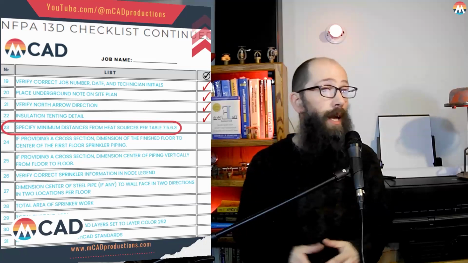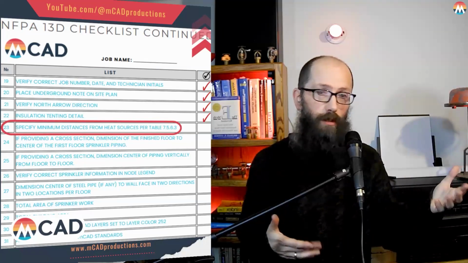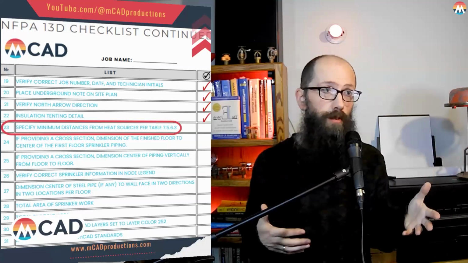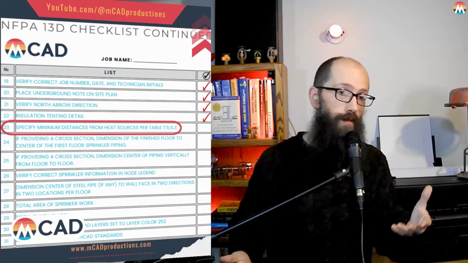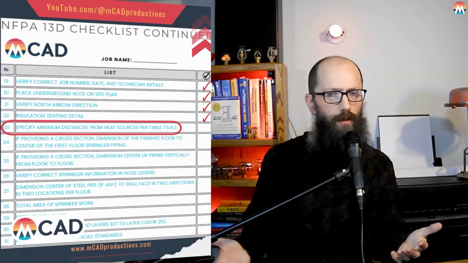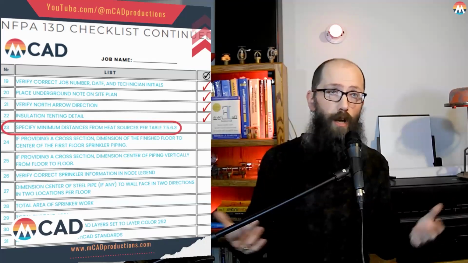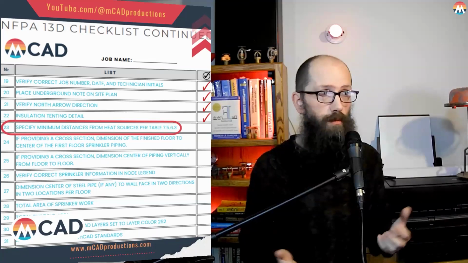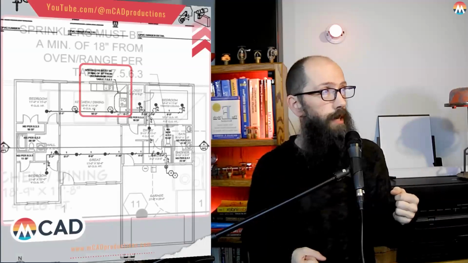It's not required to mark out specifically, call out what section these are from. But by doing so, we found that it just relieves a lot of problems with plans examiners, especially when we're moving into new jurisdictions that we haven't dealt with before, that are not familiar with our capabilities, I guess.